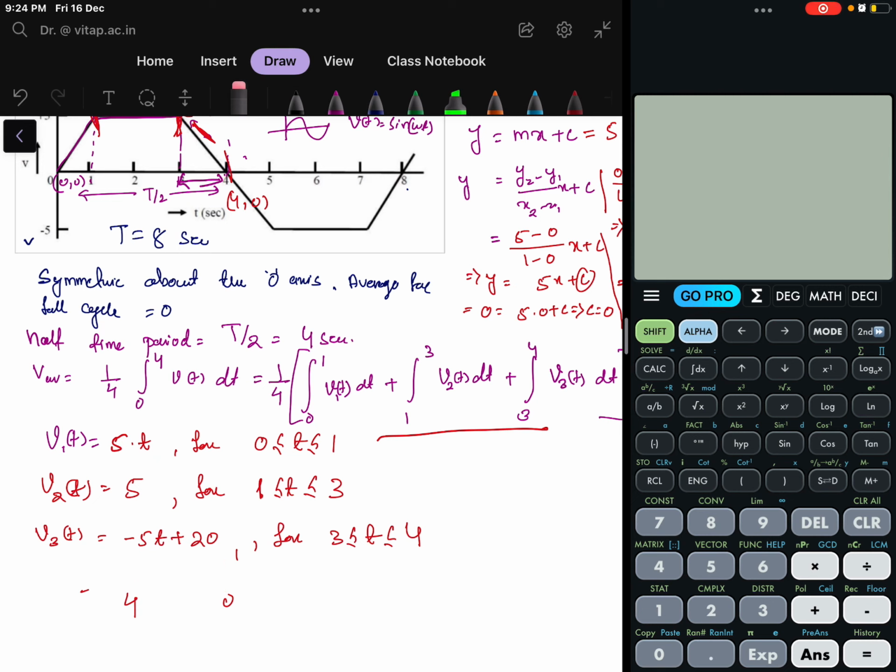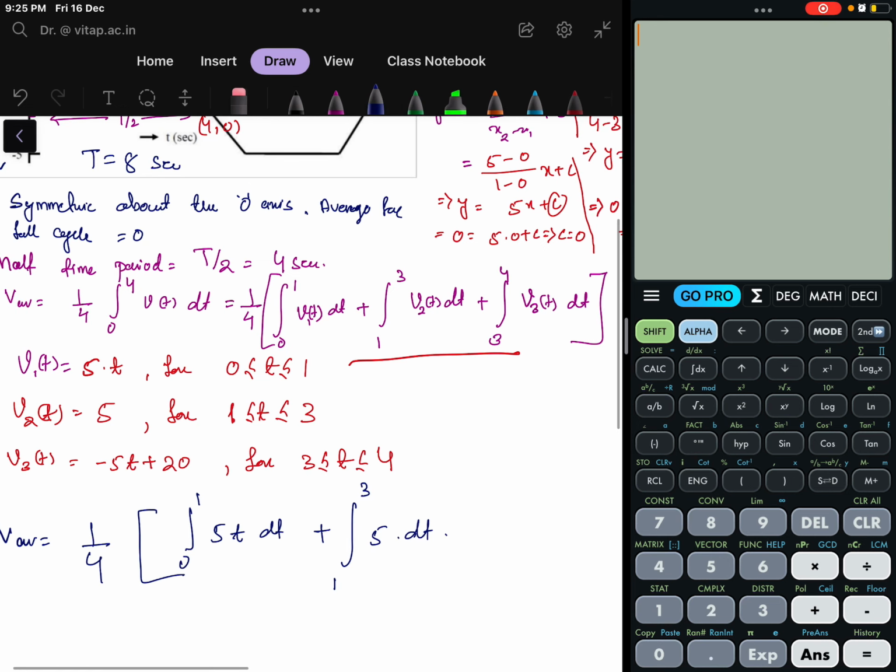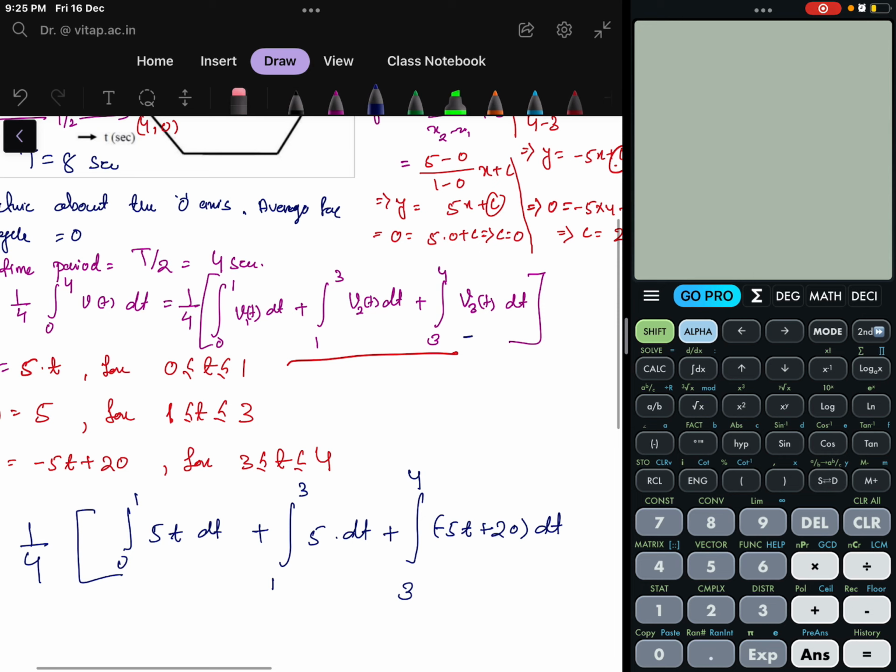I will write it a little further down. So V average equals 1 by 4 times the integration from 0 to 1 of 5t dt, plus the integration from 1 to 3, V2 of t is 5, so 5 dt, plus the integration from 3 to 4, the last one, V3 of t is minus 5t plus 20, dt again.